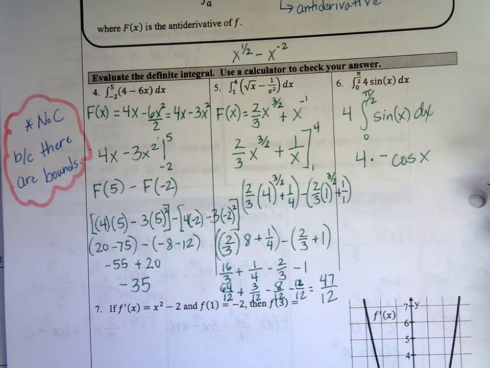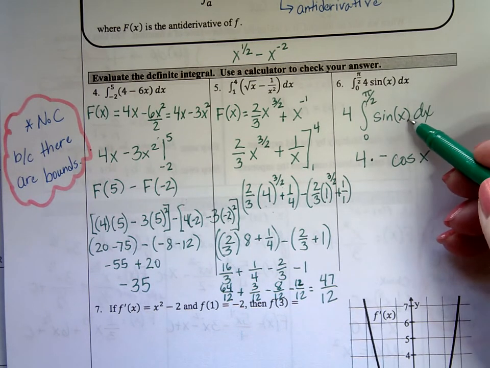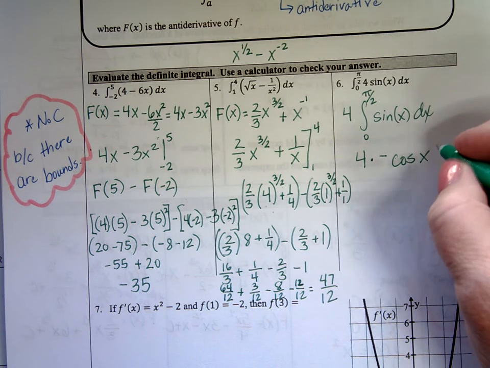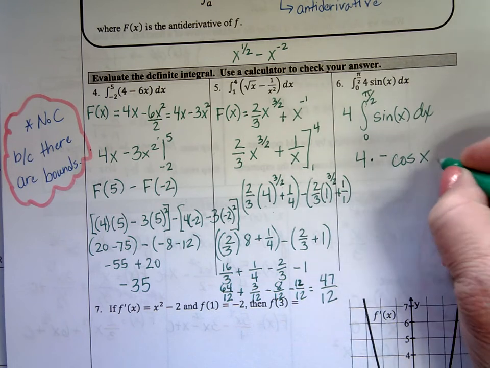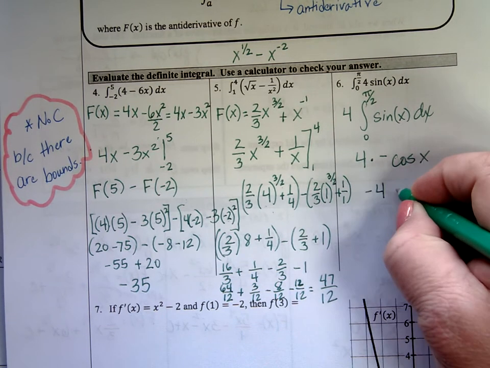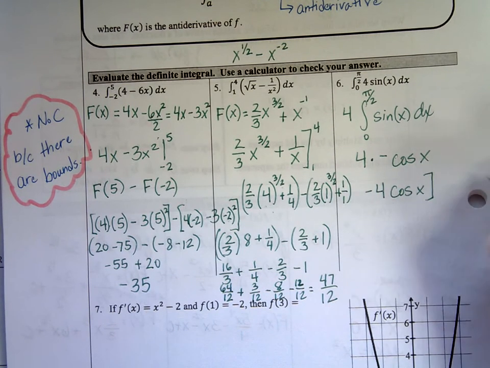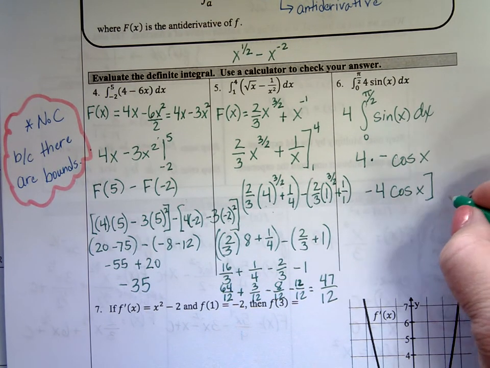And you would have to deal, if this had a number next to it with the angle, if it were 2x, you'd have to deal with that, and I'll show you that in some problems when they come up. We're not there yet. So what I'm really looking at is negative 4 cosine of x. That is my antiderivative, and I want to evaluate it going between 0 and pi over 2.